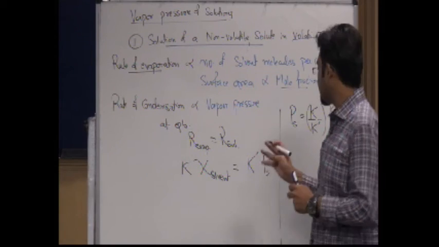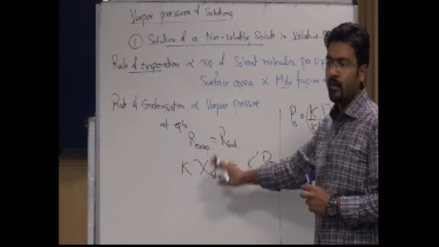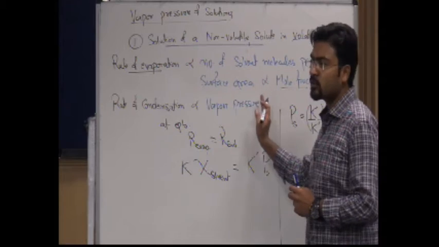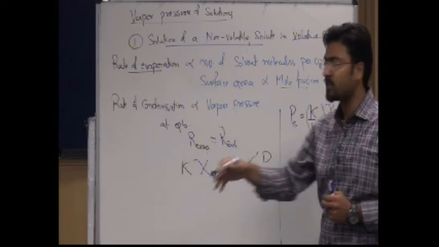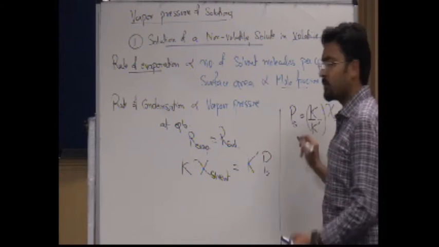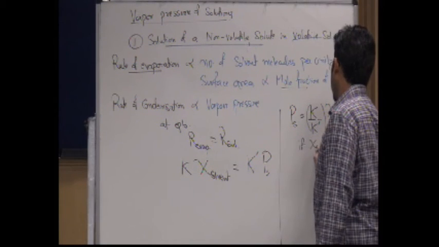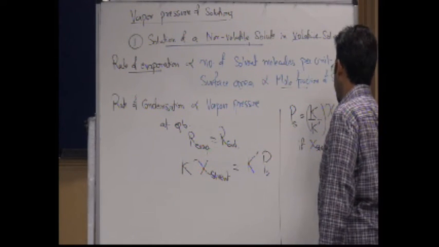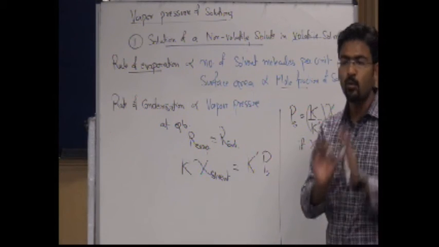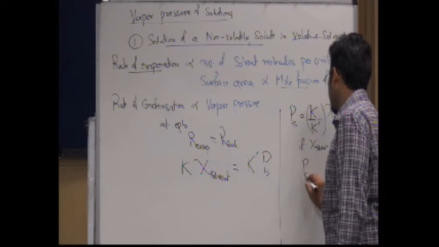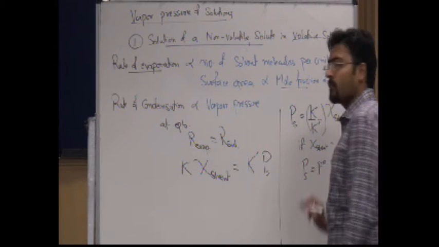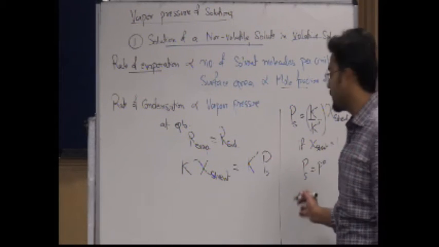Let's take this is done for a solution. Let's take this case to the pure liquid case, where the mole fraction of the solvent is 1. If the mole fraction of solvent is 1, it means that the liquid is pure, there is no solute dissolved in it. In this situation, what is the vapor pressure? It will become equal to P naught.